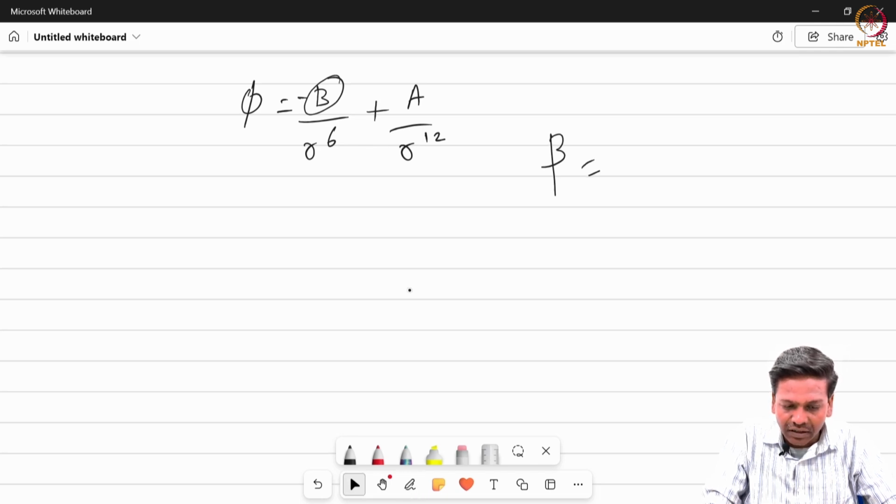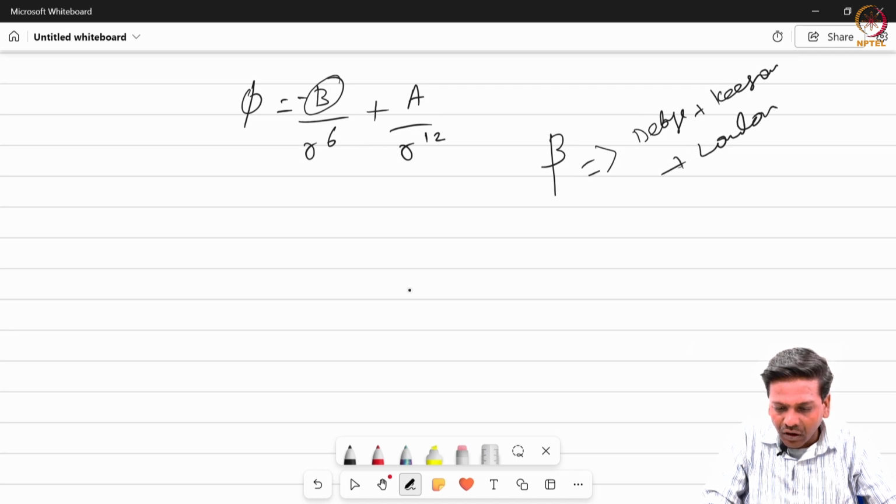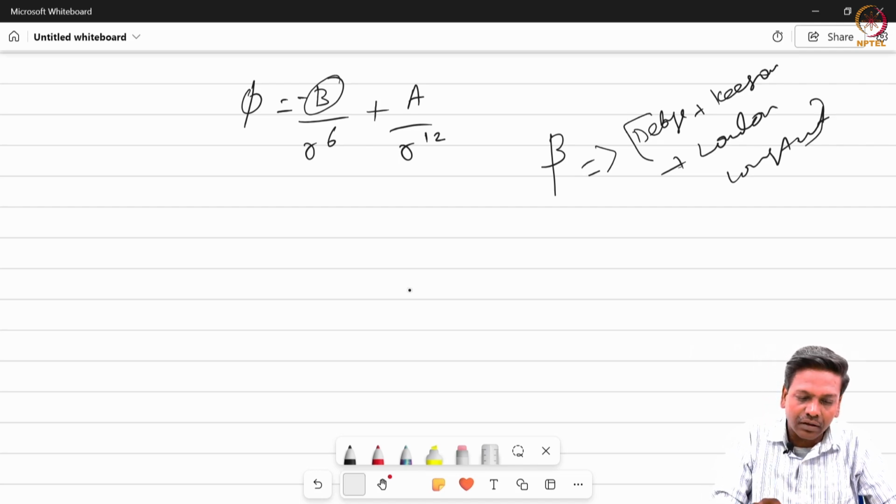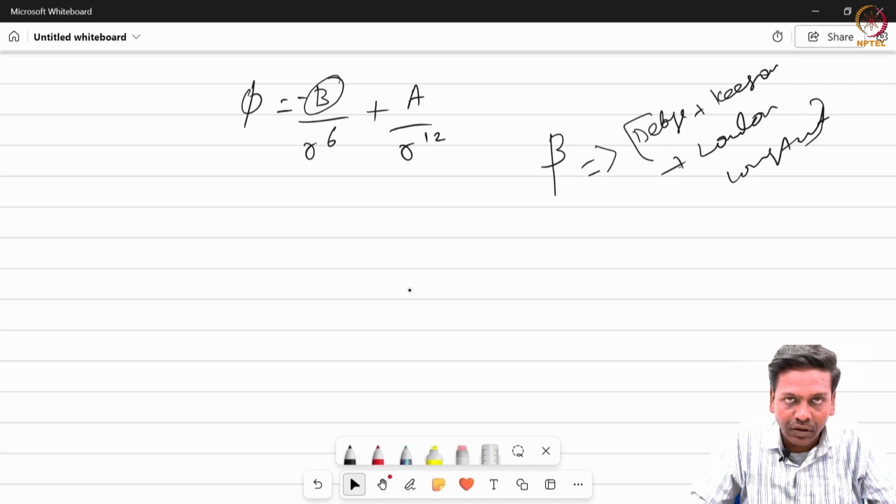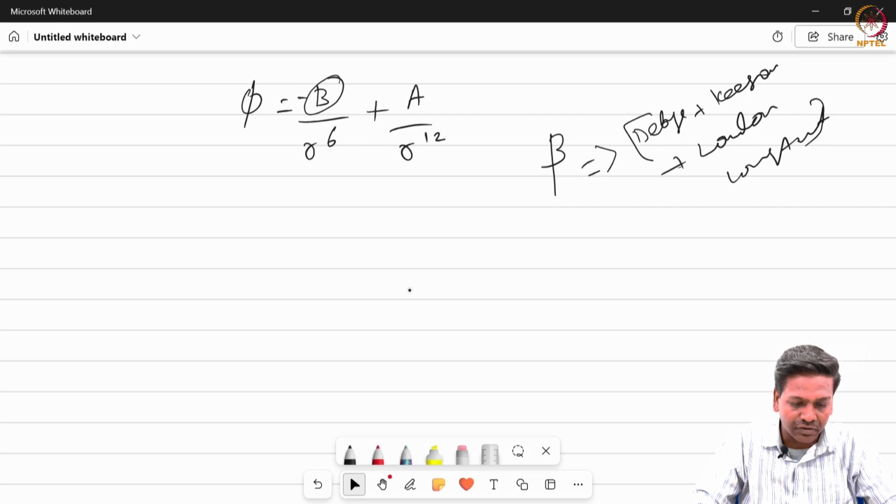This beta is nothing but the combination of the Debye, Keesom and London constants, which we will see later. So it is very easy to connect beta with b. That's why we often use this notation b.